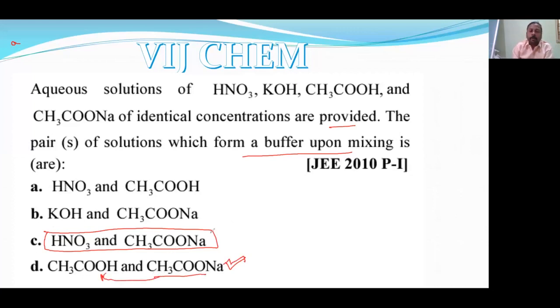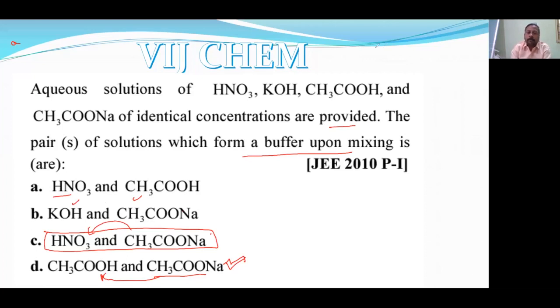Is it understood? Here it is a strong base and salt, and a strong acid with a strong base can never form a buffer. For a buffer, salt with acid or salt with base is a must. I think it is clear to all of you.